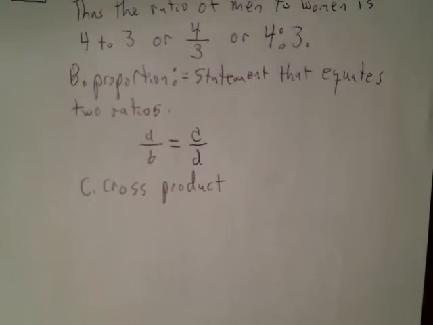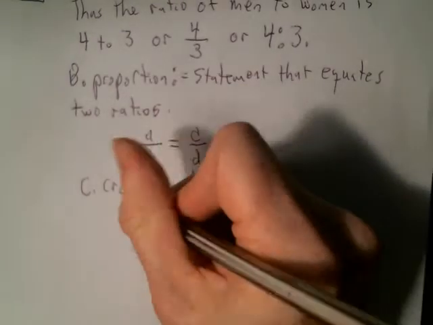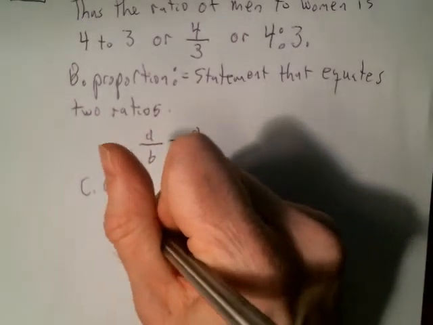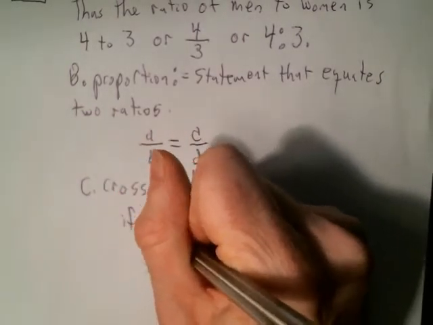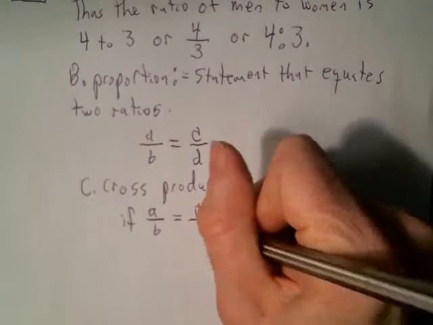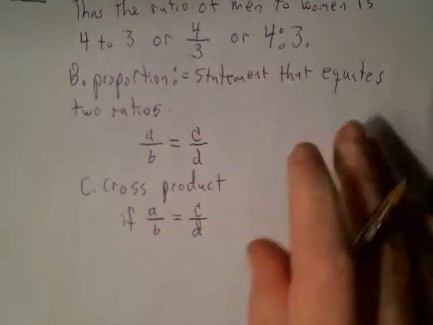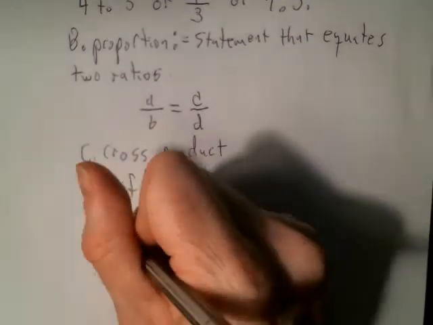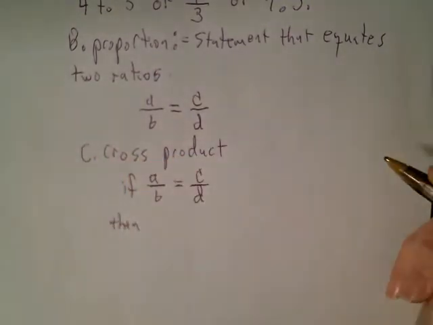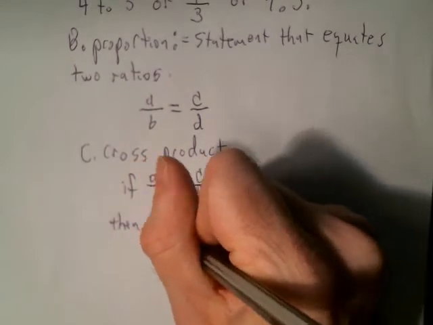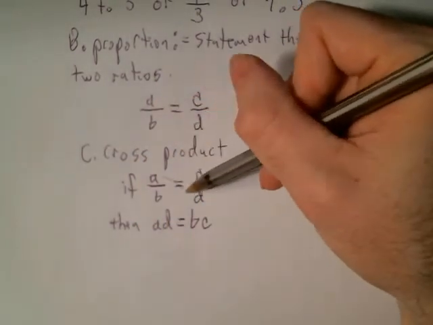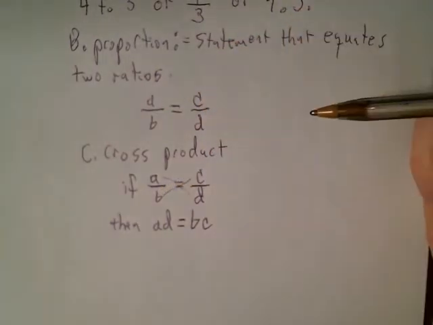You can always multiply by the LCD, but this is a quicker way. You probably have been thinking this all along from your high school classes, why don't we just do this? So if you have A over B equals C over D, then you can rewrite the equation as A times D equals B times C. You just do this times this equals this times that. That's it.